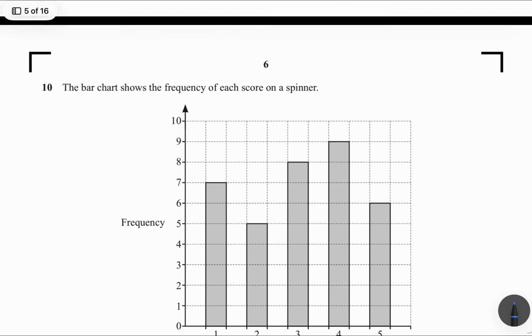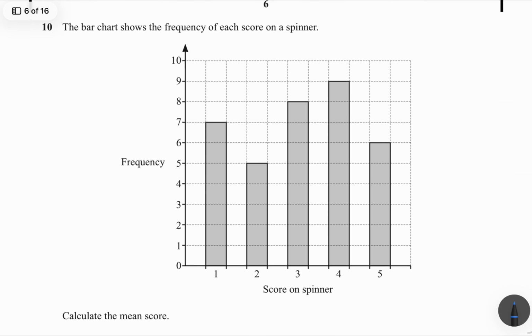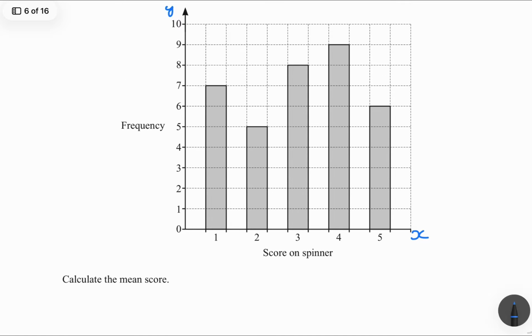Now number 10, the bar chart shows the frequency of each score on a spinner. You can see frequency along the y-axis, and along the x-axis we have the score on the spinner. Calculate the mean score.